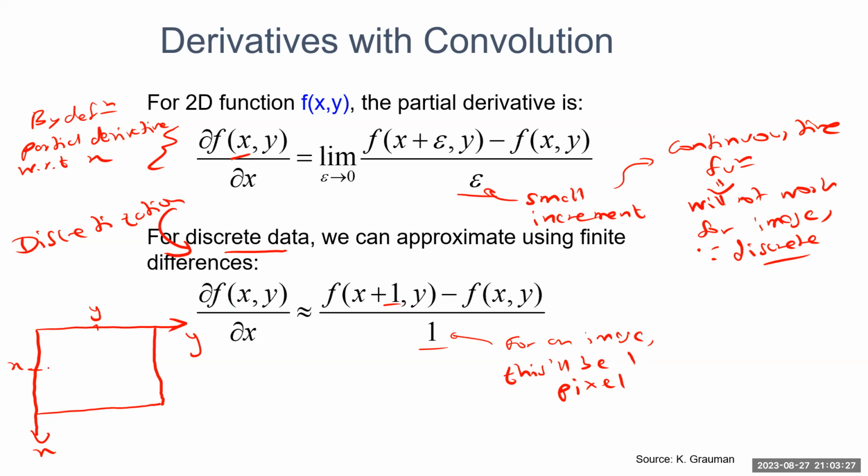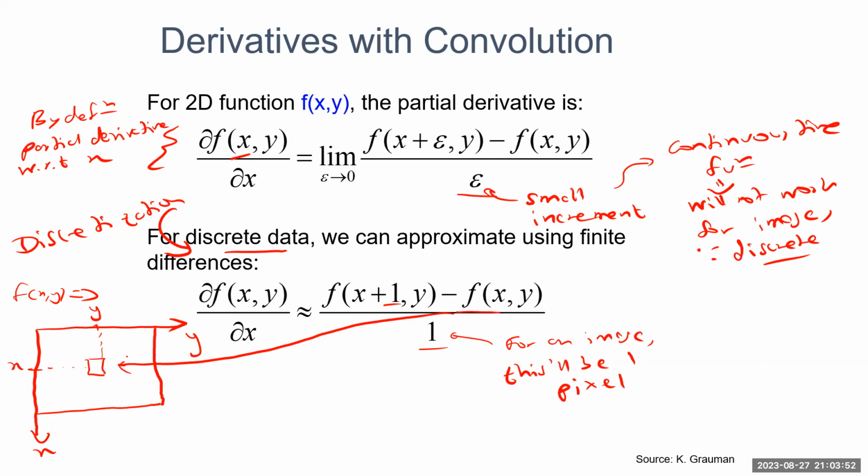This particular pixel corresponds to x, y. This image is f, so imagine f of x, y is this pixel.